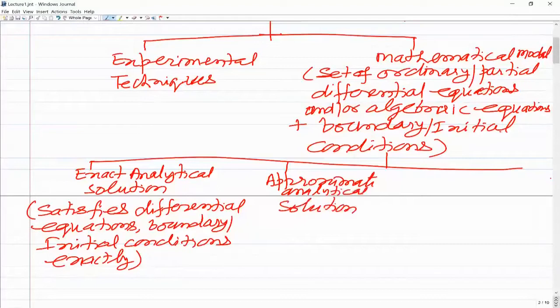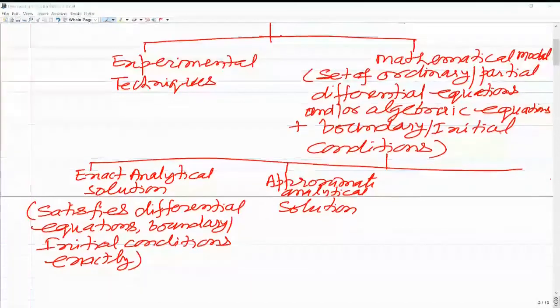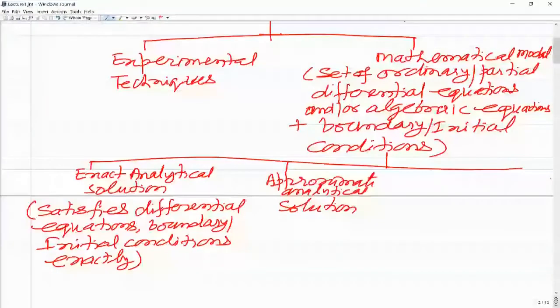When we say approximate analytical solution, we are looking for a solution which is valid for the domain, but the differential equations and boundary conditions are not exactly satisfied; they are satisfied in an approximate sense, over the entire domain. So this is also sometimes quite restrictive.